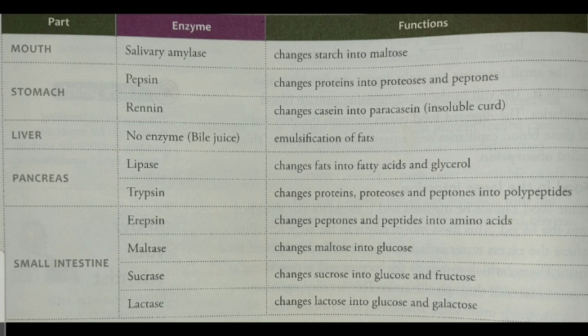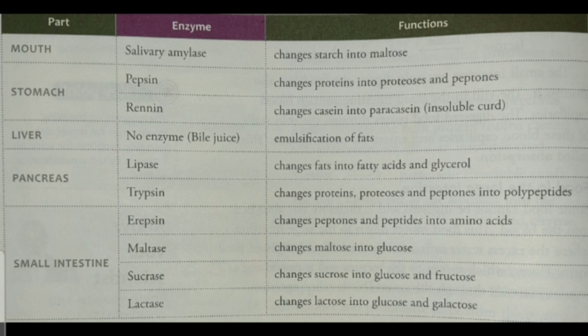So let me tell you these things a second time. From the mouth, the enzyme secreted is salivary amylase, and there are also some lysozymes present that help to break down bacterial walls. In the stomach, pepsin and renin are produced, and also HCl is associated with it.